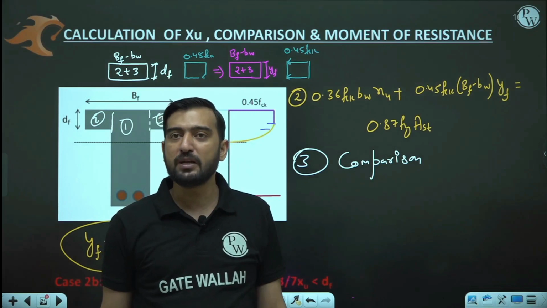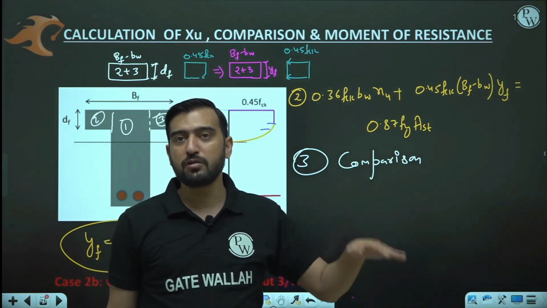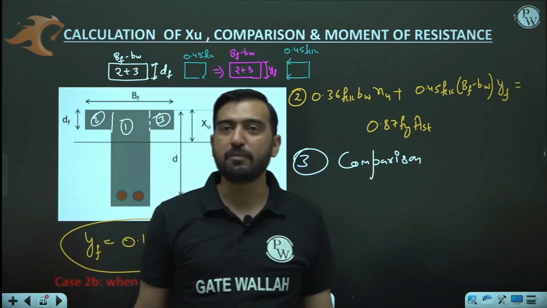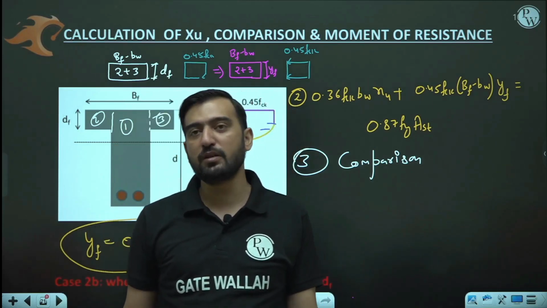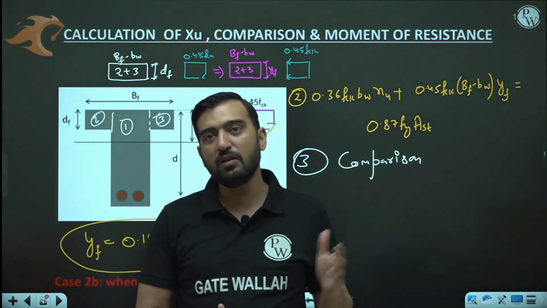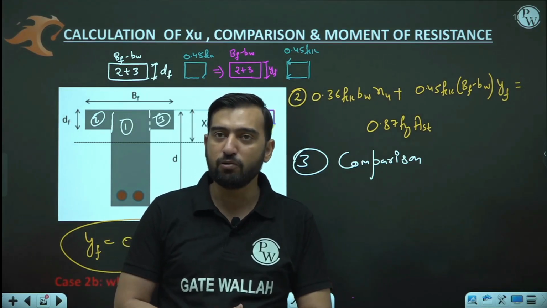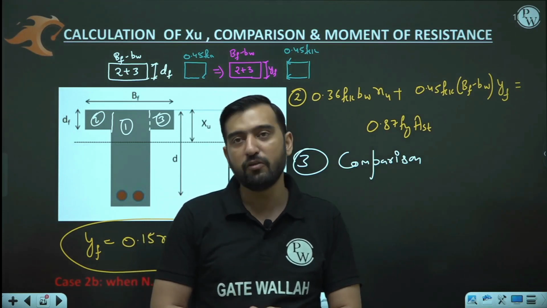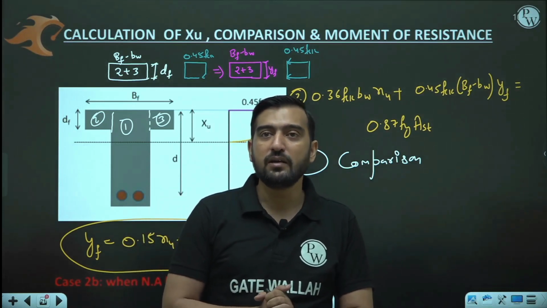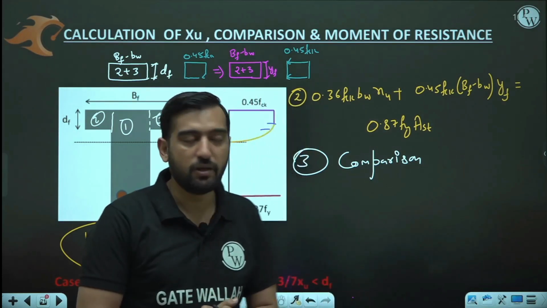Earlier the point of application of the second and third portion resultant is DF by 2. Now the point of application of the remaining 2 plus 3 block force would be located at YF by 2. Earlier the lever arm was D minus DF by 2. Now the lever arm will be D minus YF by 2, isn't it?